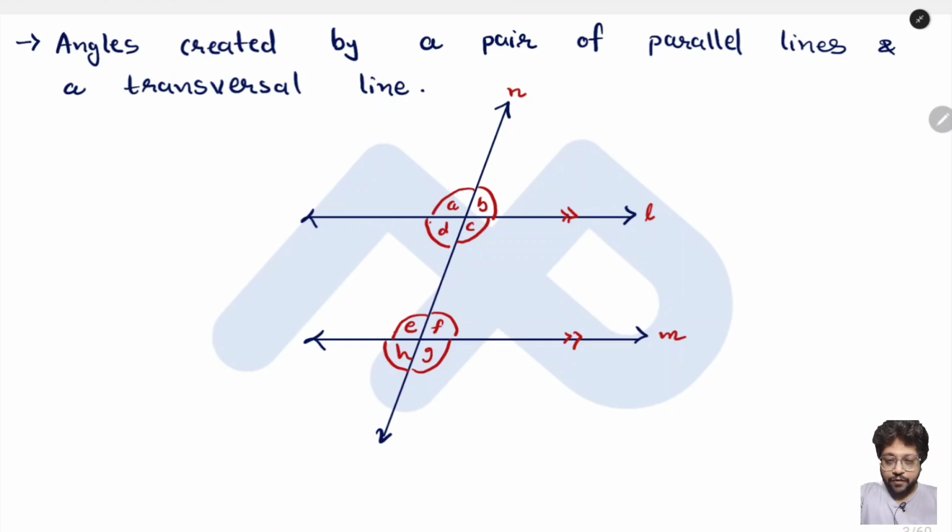So whenever two parallel lines are intersected by a transversal line, these 8 angles are formed. I have named them A, B, C, D, E, F, G, H. Now we'll see how many different kinds of pairs are formed here. Clear?